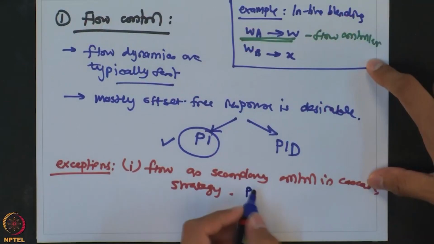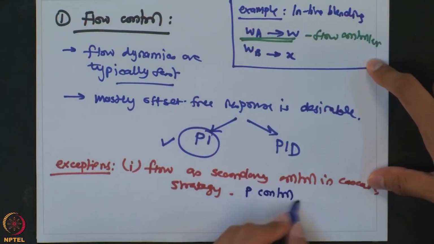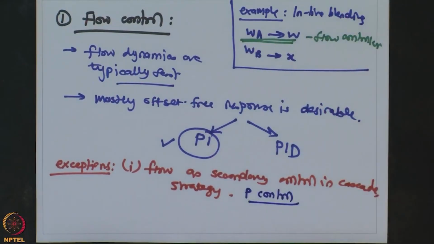When flow is part of this secondary control loop, typically offset is not that critical and is tolerable. So in such a case, in order to improve the speed of response, you may have the flow controller as a proportional control.